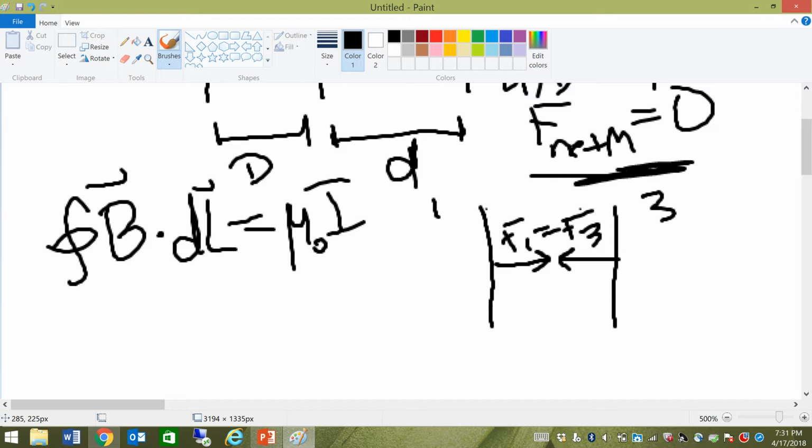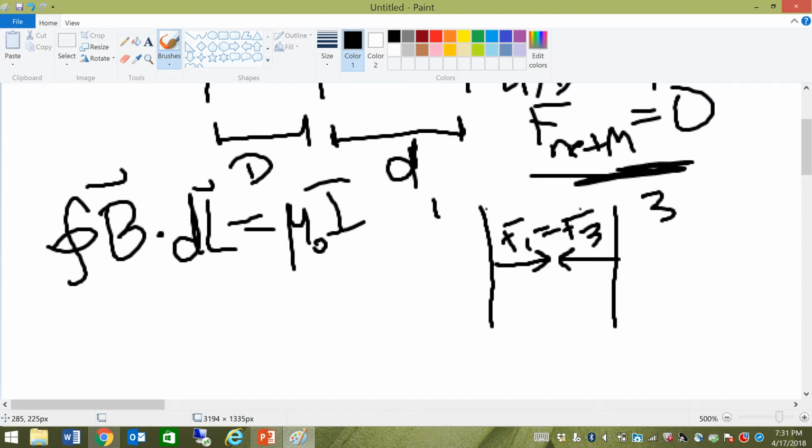Mu naught is just a constant of free space, and I would assume you guys know the other things. So with that, we can integrate. I know that if you prove certain things, like for a solenoid or whatever, you will integrate dl over a limit that would give something like a circle, 2 pi r.